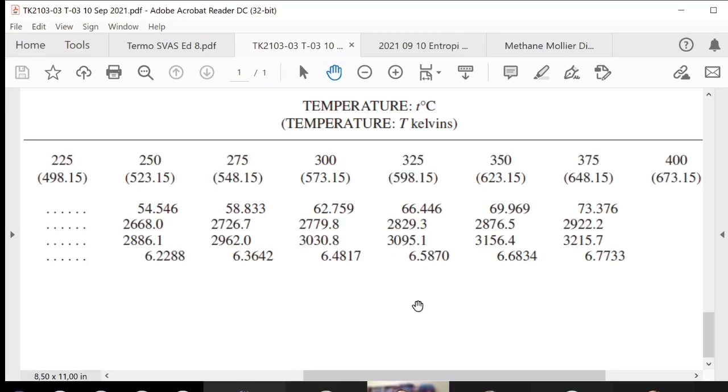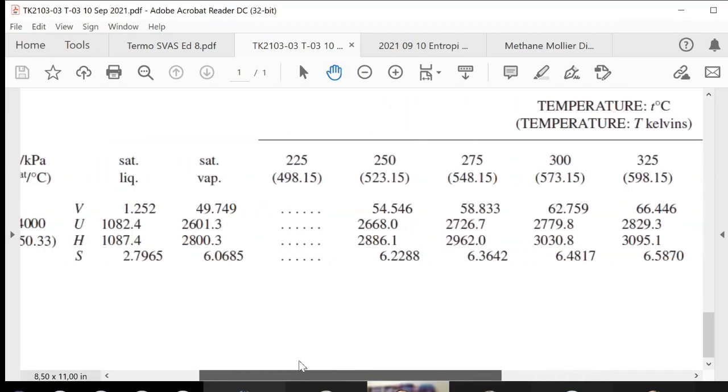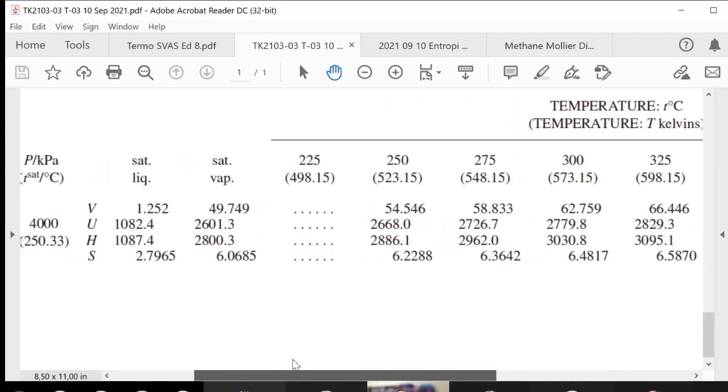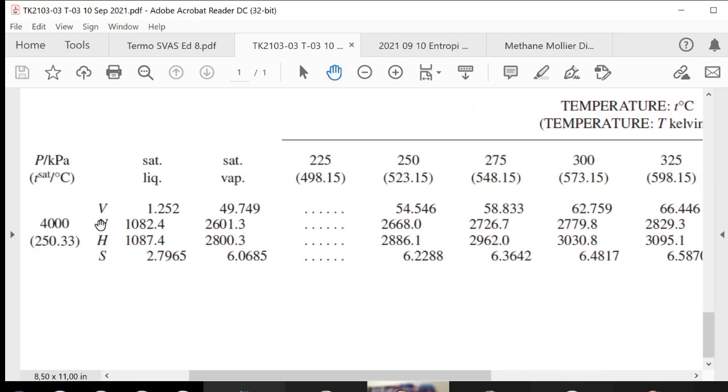What is the enthalpy if I have superheated steam at, okay, let me select over here, 4,000 kilopascal and the temperature is 300 Celsius? Well, this is the enthalpy, 3030.8 kilojoule per kilogram.